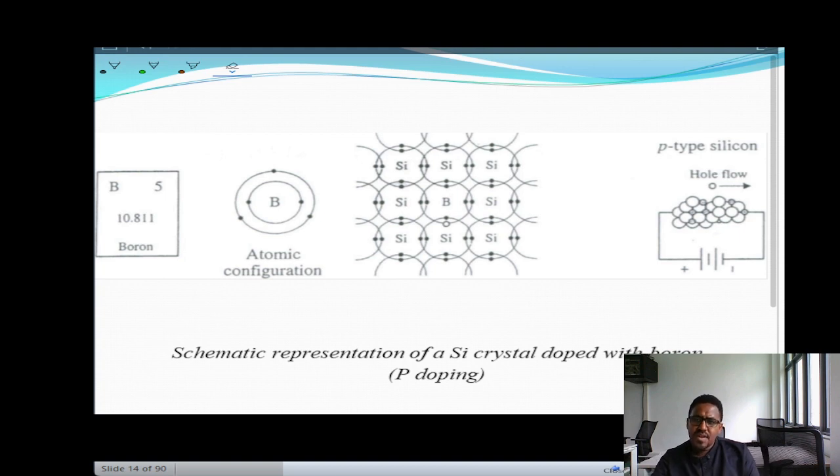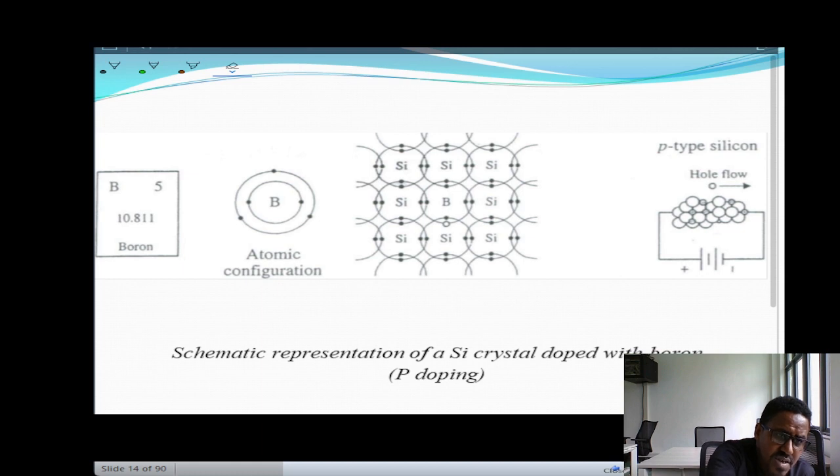But one electron of the silicon cannot form a bond or attach because boron has three electrons. So boron misses one electron. So the silicon electron that is not attached with the boron, the space is treated as a hole. So that hole we can call an acceptor.